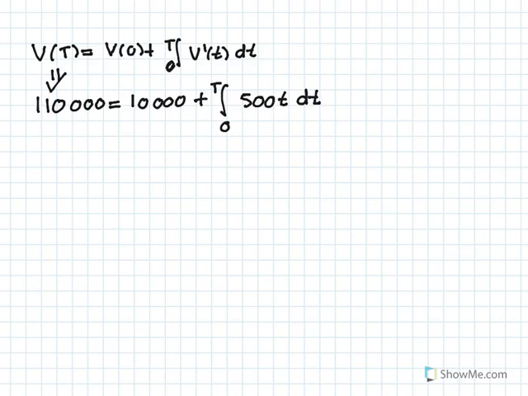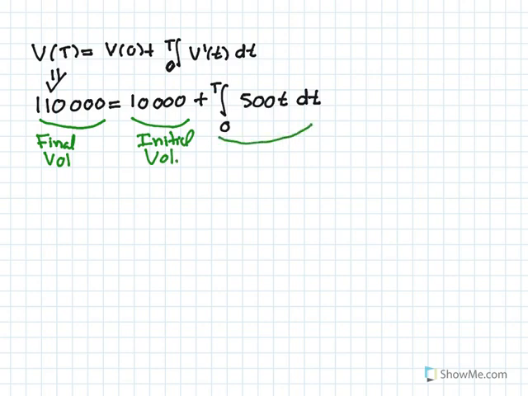This is the final amount, the final volume. This is the initial volume, and this integral is the change in volume. Integrate rate of change, and you get the total change in volume.